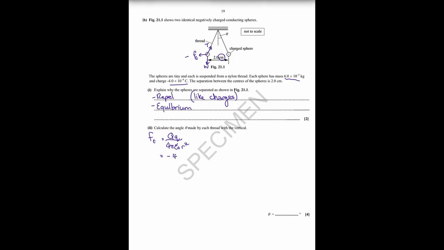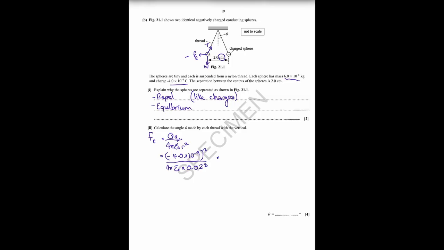When I'm multiplying them together, because they're both the same, I can square it. Be careful, some students will put times 2, but it's not that. Then divided by 4 pi epsilon naught, I can't be bothered to write out the full number, just get it from the formula sheet. And the distance is 2 centimeters, so that is 0.02 meters, and I've got to make sure that I'm squaring that.